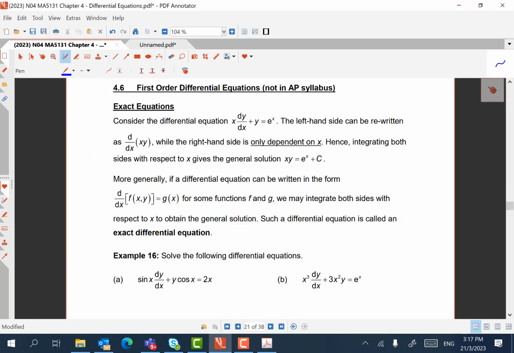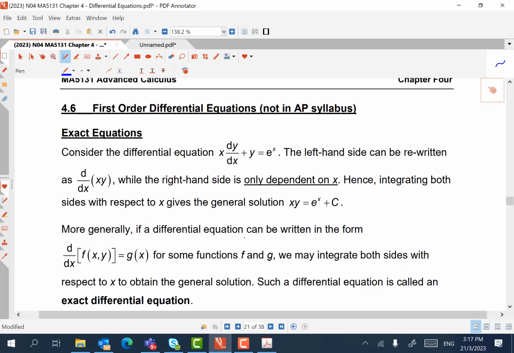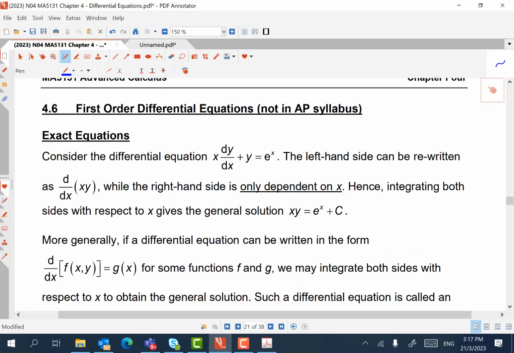Okay, so with this, we can now move on to the next section on so-called first order DE. And you realize that there's a remark there, not in AP syllabus, which means you can take it easy. This is an example of a first order linear differential equation.